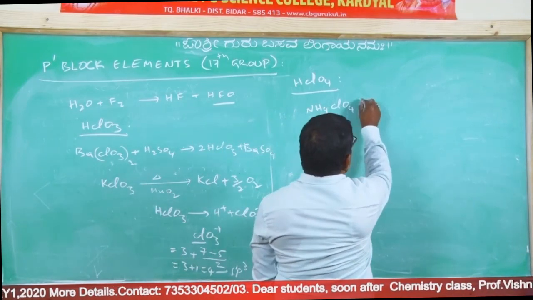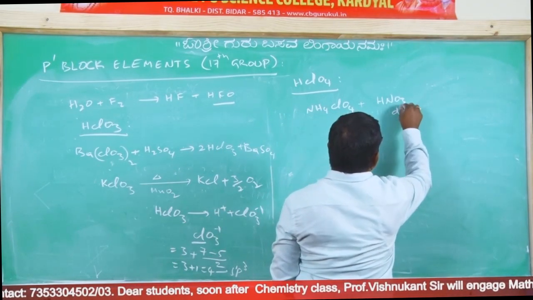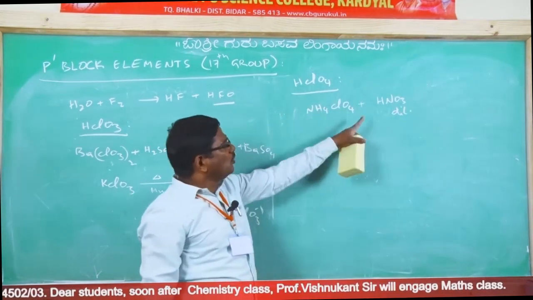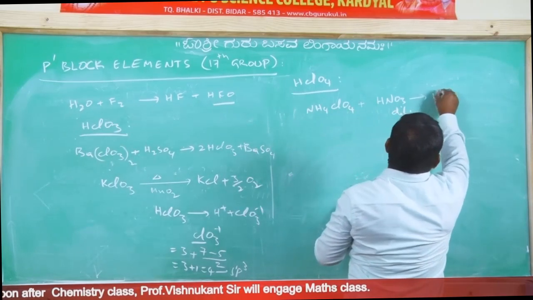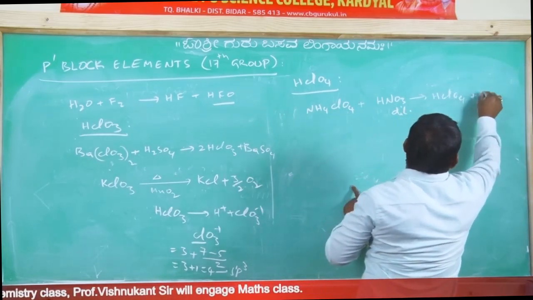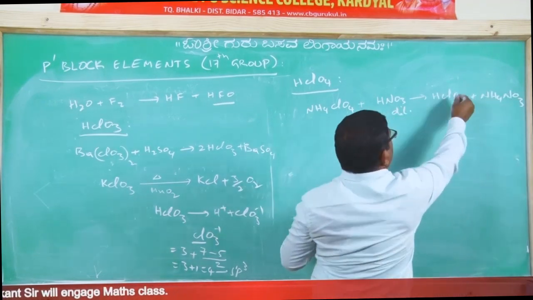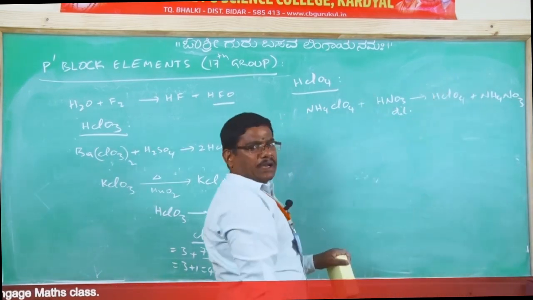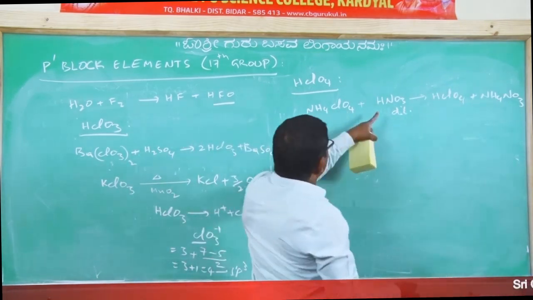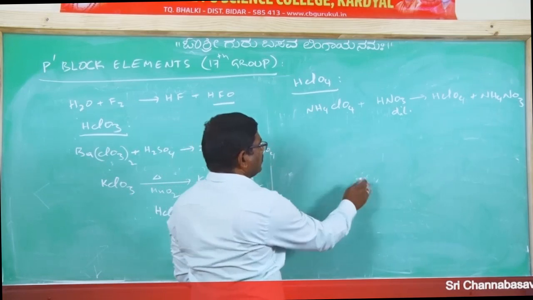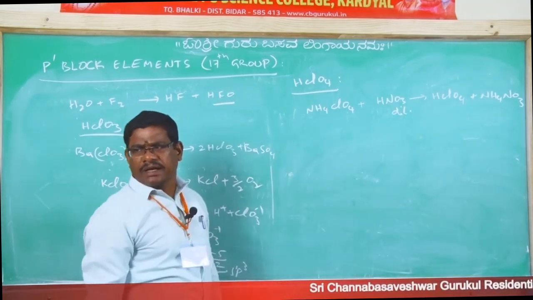This ammonium perchlorate, when reacted with dilute nitric acid, will give perchloric acid along with ammonium nitrate. Clear? So like this perchloric acid is prepared.